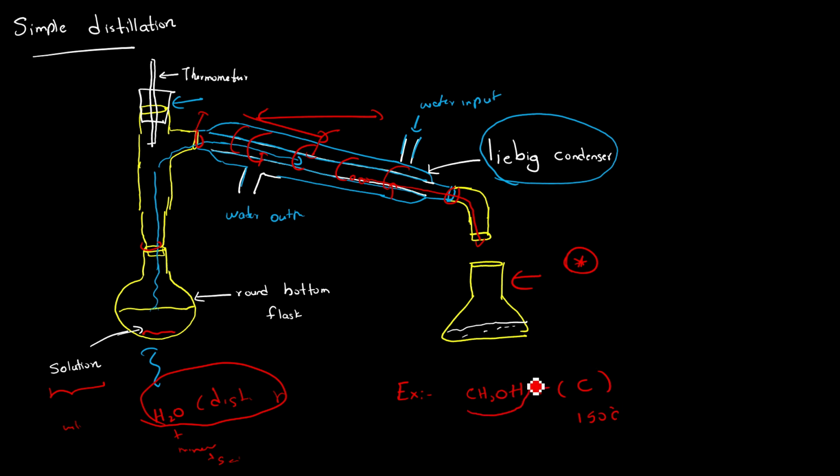Because methanol is a highly volatile compound, so you can easily use simple distillation. You can maintain your temperature below 150, maybe even below 100 Celsius, then you can easily get the methanol vapor and convert it back into the solution. Likewise, these are the applications. Simple distillation is pretty easy.